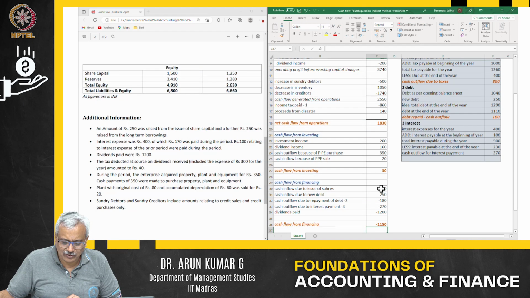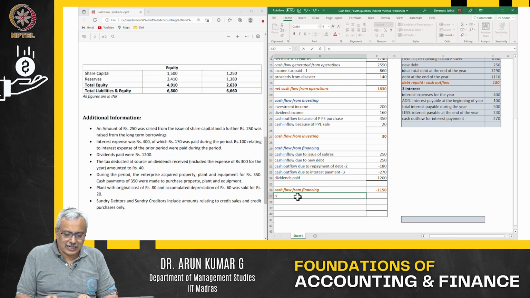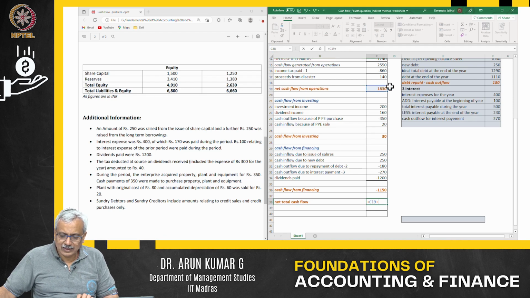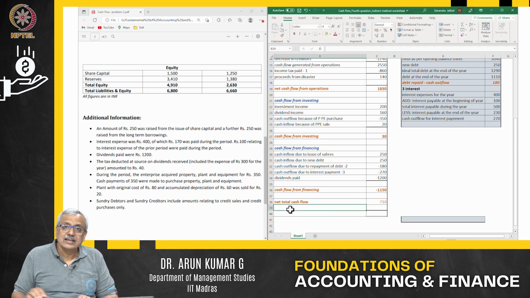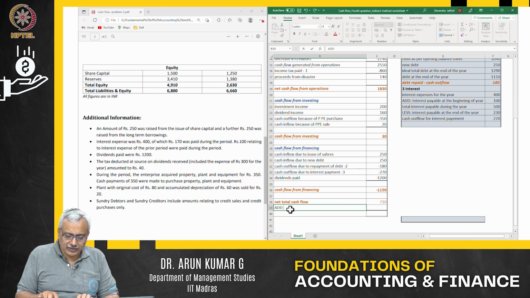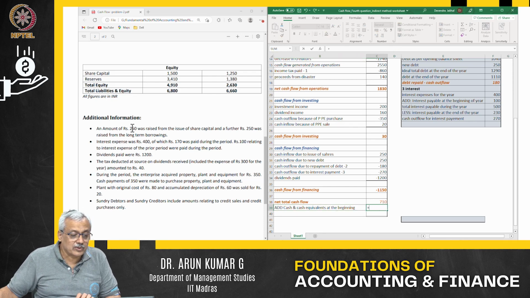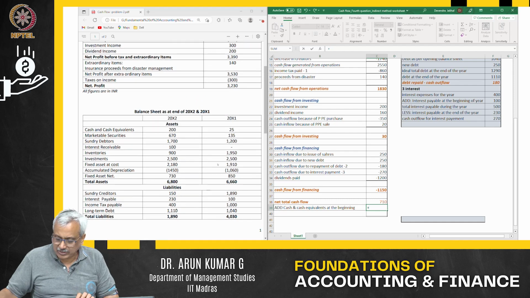So, what is the net cash flow? Same thing like earlier, net total cash flow is this one plus this one. Add cash at the beginning of the year, cash and cash equivalents at the beginning, which is 25 plus 135 as I have explained to you.